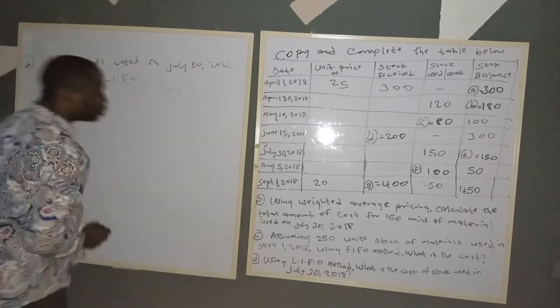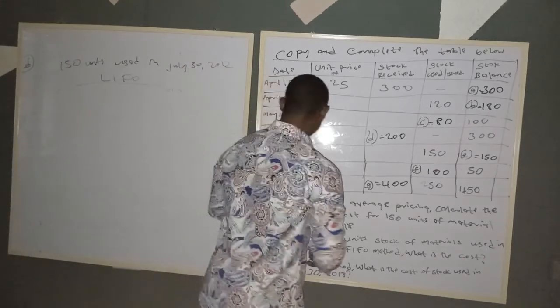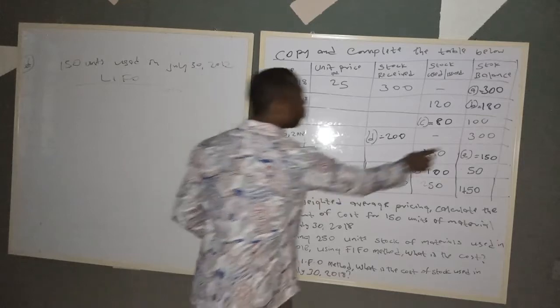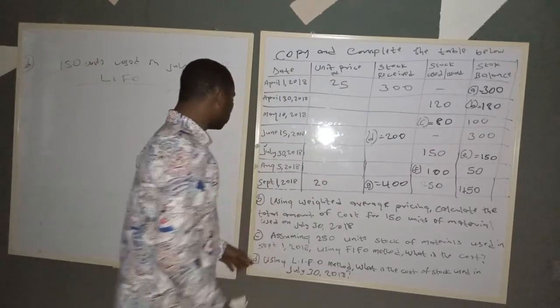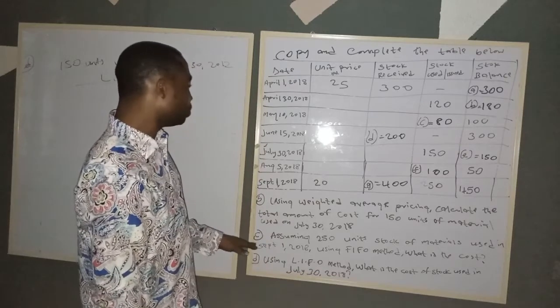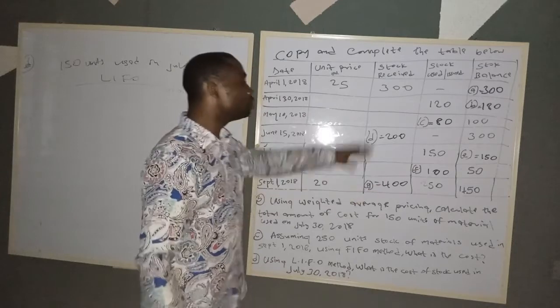That 150 was used from this 300 as well, the same one that we used for the FIFO method. Now we use the LIFO method.